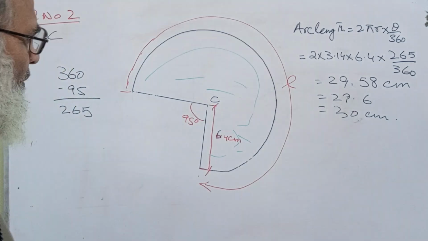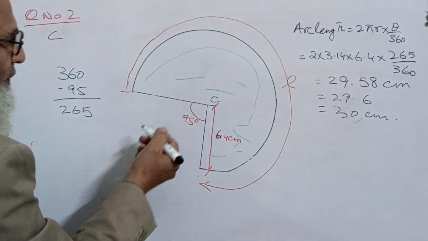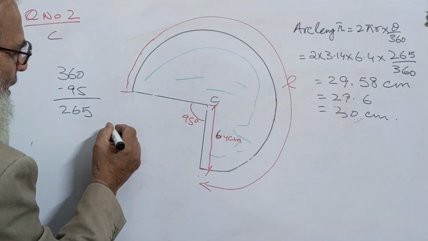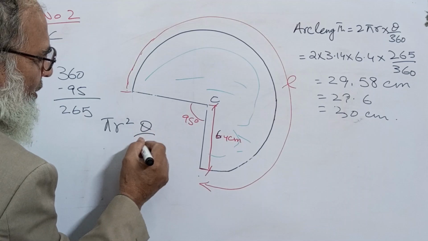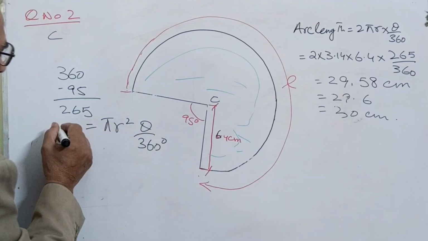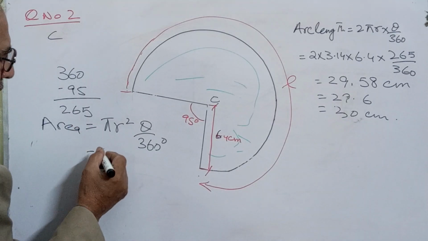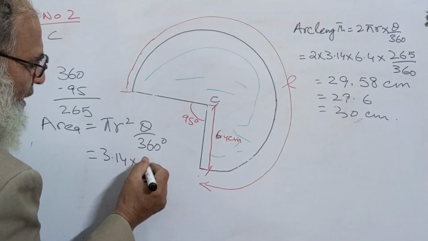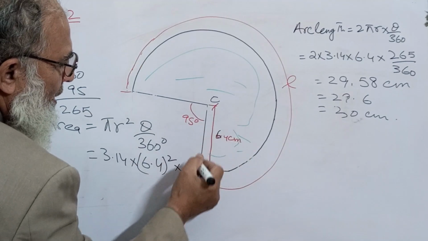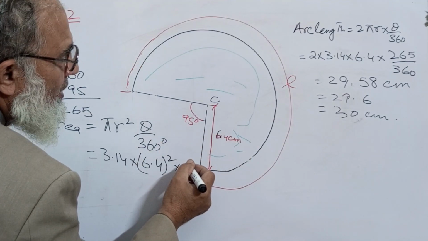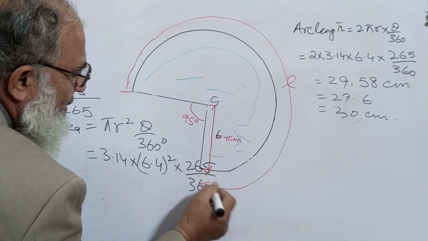Okay. Now for the same, we have to find the area of the colored region. So area of the colored region is again pi r square theta upon 360 degree. It is equal to 3.14 multiplied by 6.4 the whole square multiplied by 265 divided by 360.